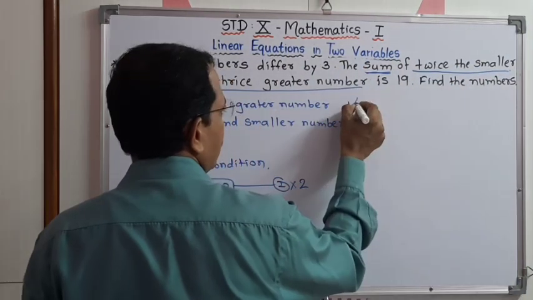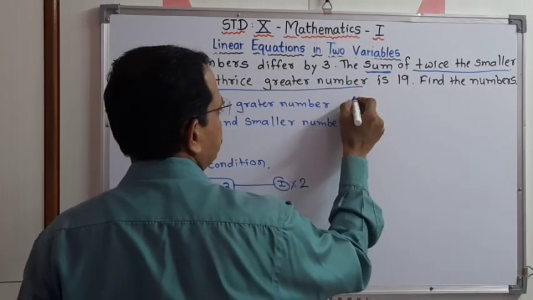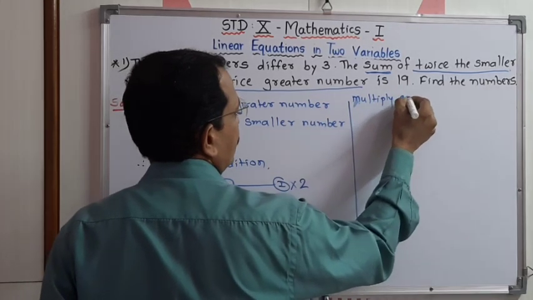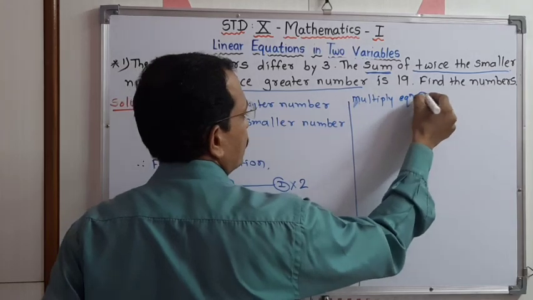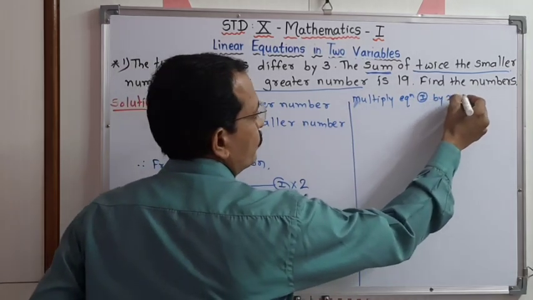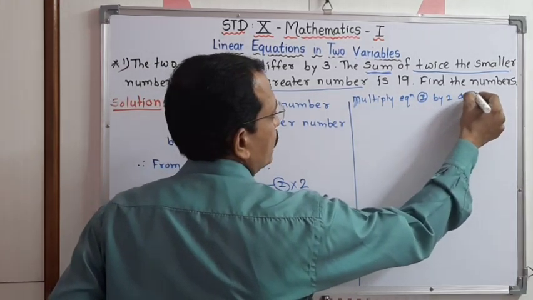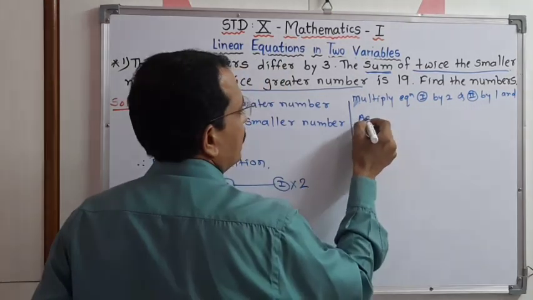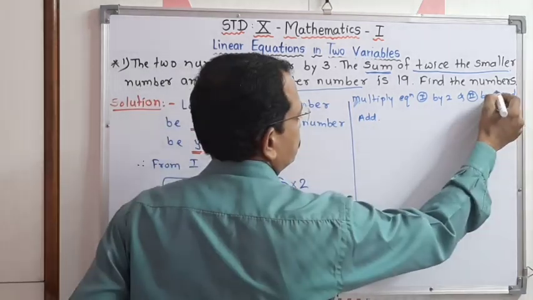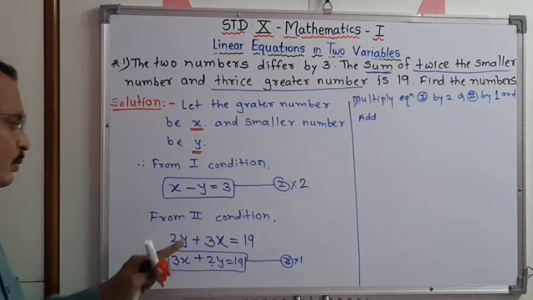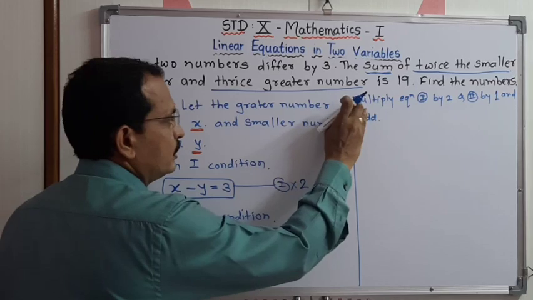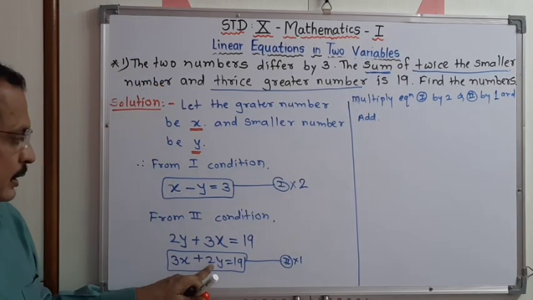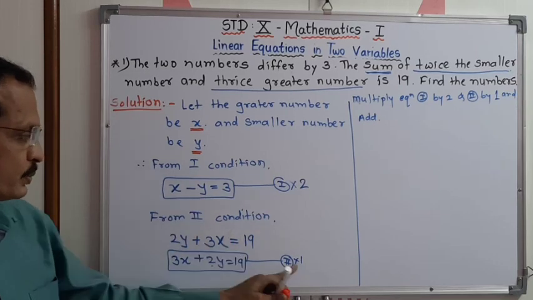Therefore, we have to write here: multiply equation 1 by 2 and equation 2 by 1 and add. We have to multiply equation 1 by this 2 and equation 2 by this 1.